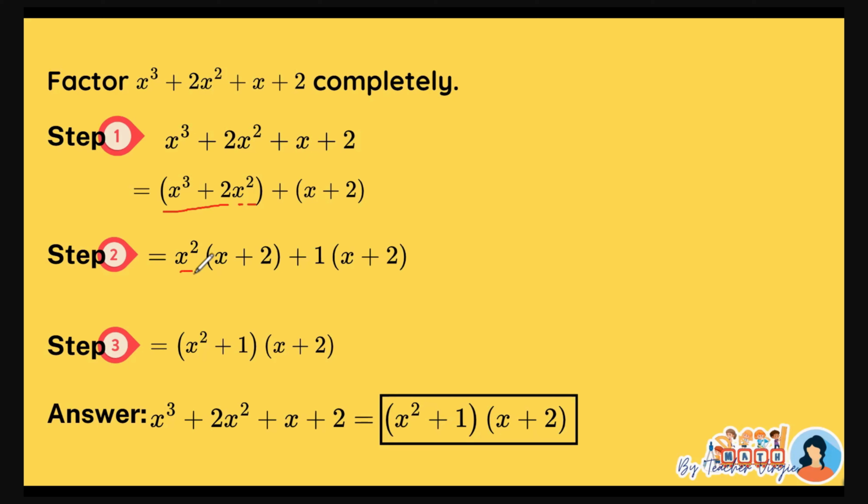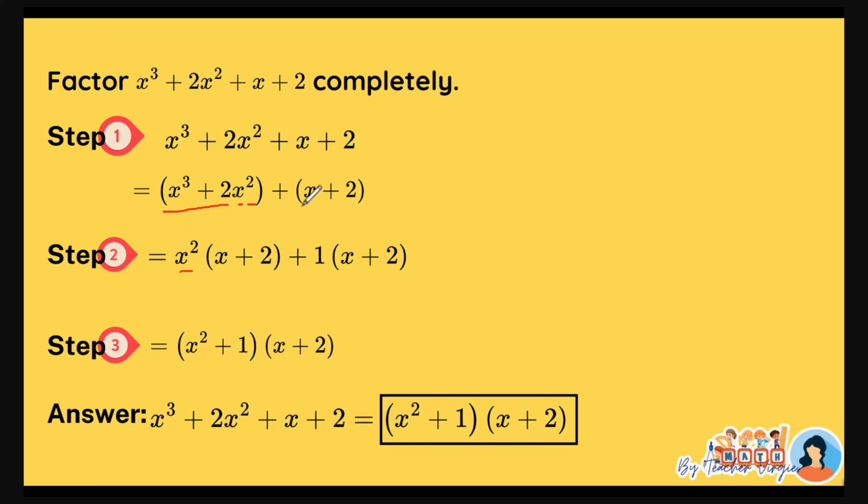To find the remaining factor, we divide each term by the GCF: x cubed divided by x squared is x, then 2x squared divided by x squared is 2. So the remaining factor is x plus 2, and you have completed your first group.